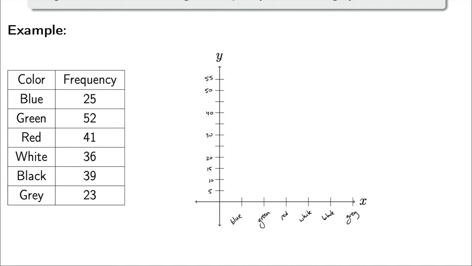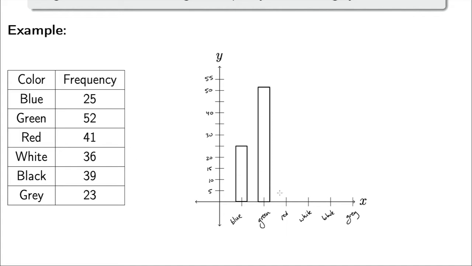Now we just create a bar for each of these categories. So we're going to go ahead and do our rectangles. For blue, we're going to create a rectangle, a bar that has a height of 25. Blue is at this tick mark, so I'm going to create a rectangle that has a height of 25. And then for green, we've got 52, so I'll create a bar that has a height of 52. So right around there.